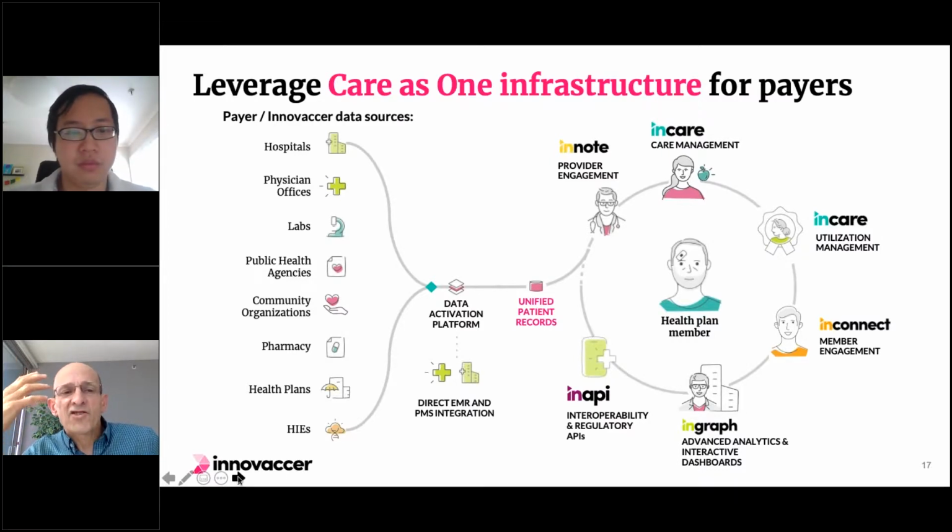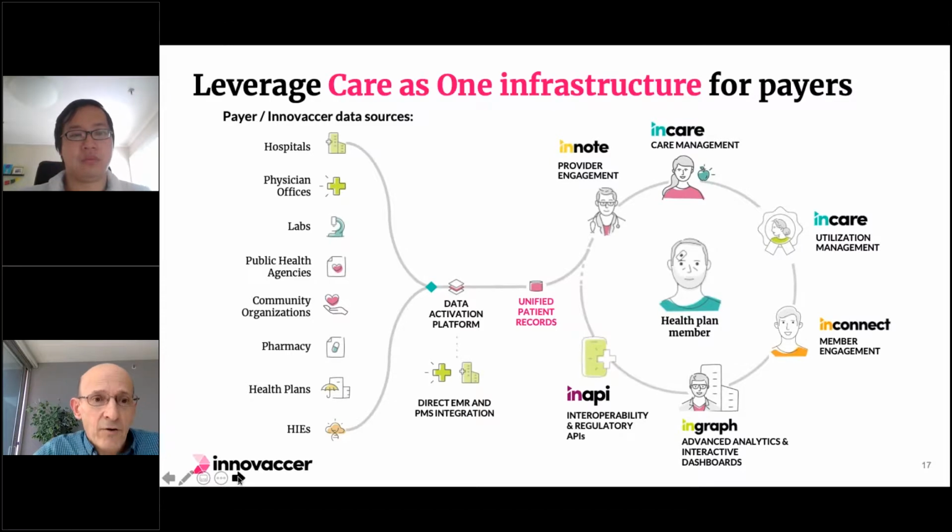There are so many sources of data: hospitals, physician labs, clinical data, all the paid claims data that health plans have, and PBMs have on the pharmacy side. There's such an interest now in reporting to public health agencies, but also in leveraging the social determinants of care. We've done this in past webinars, around how important it is to connect the community, because that's what really drives outcomes for care. It's the social determinants.